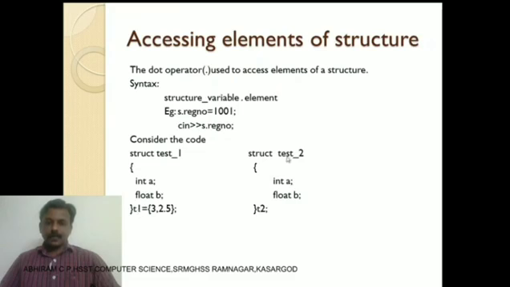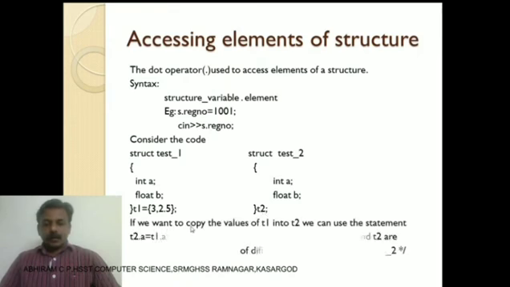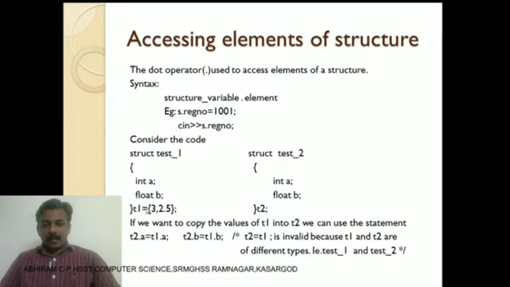Another structure, struct test2, int a, float b, and its structure variable is t2. If we want to copy the value of t1 into t2, we can use the statement t2 dot a equal to t1 dot a, t2 dot b equal to t1 dot b.